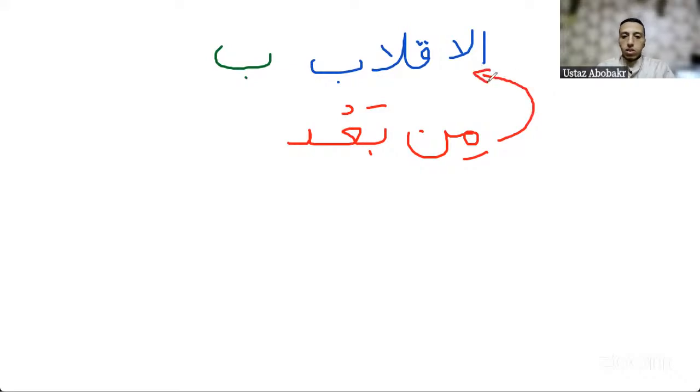What are we going to do to apply this rule? We're gonna exchange the sound of this noon sakina, we're gonna replace its sound with a sound of a hidden meme. So we're gonna say mim ba'd. Mim ba'd. I would like you also to try this yourself while you have the microphone muted. You can try repeating these words yourself.